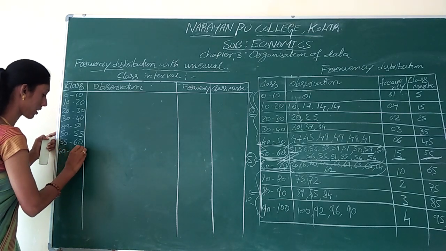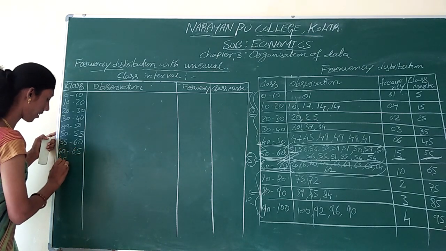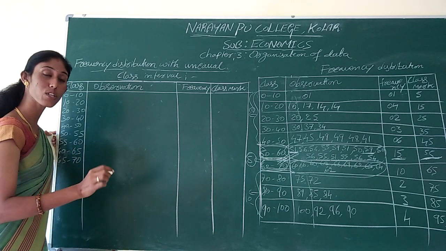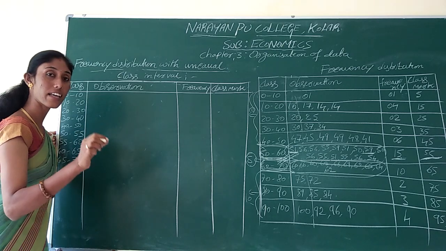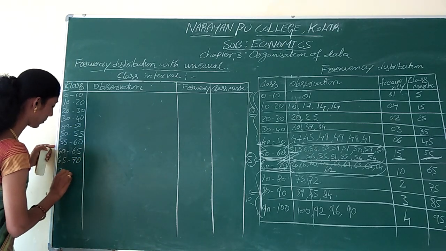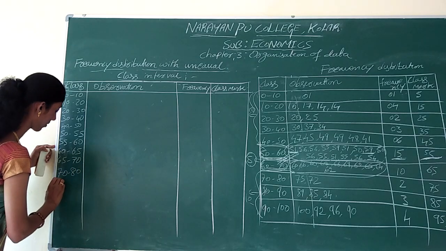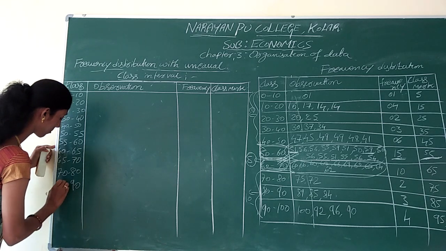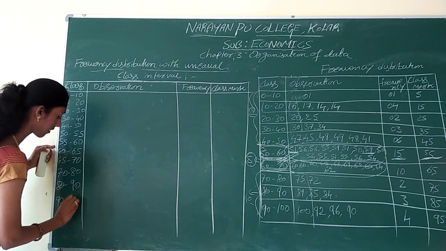60 to 65, 65 to 70, and the remaining classes we continue as usual with 10 as the class interval: 80 to 90 and 90 to 100.